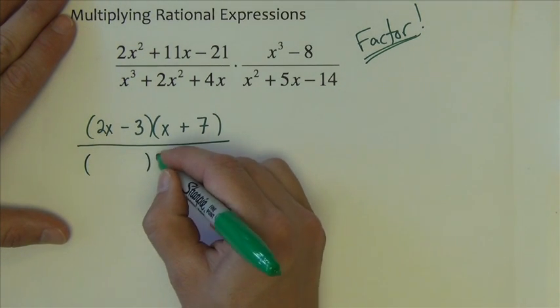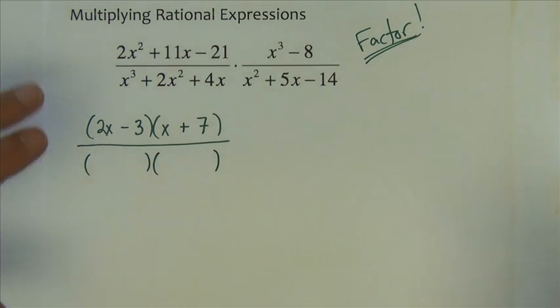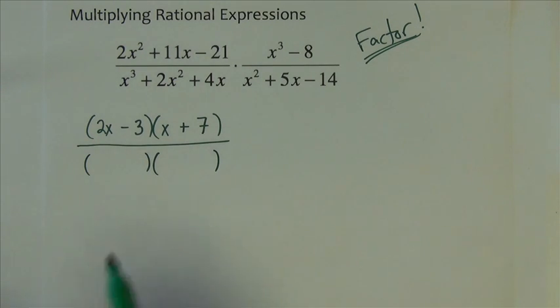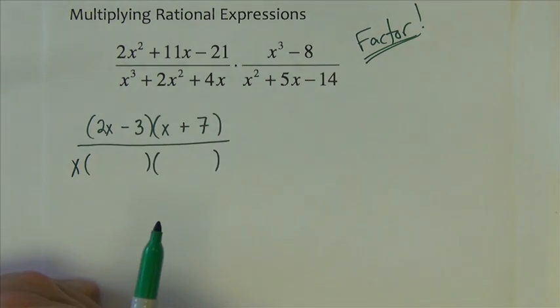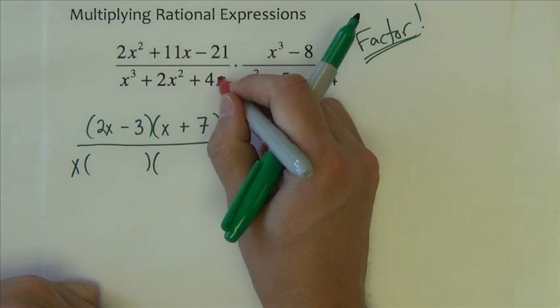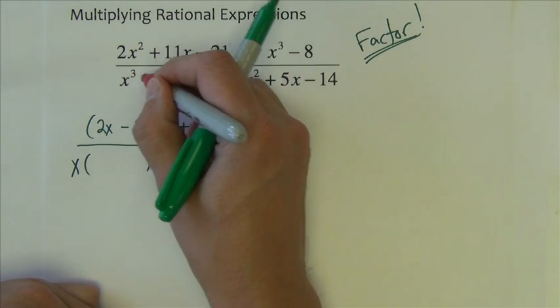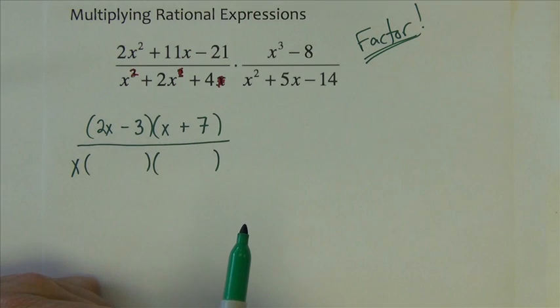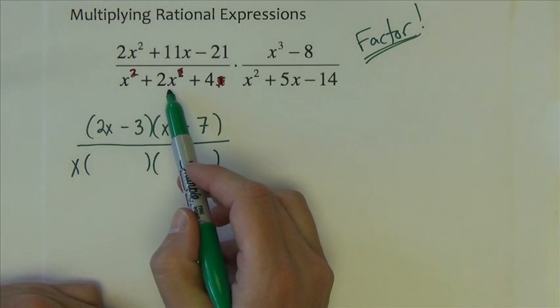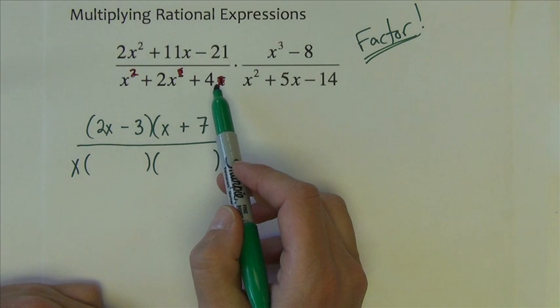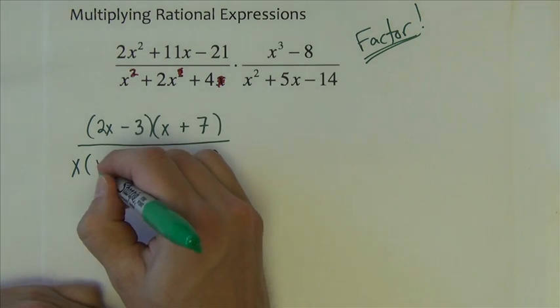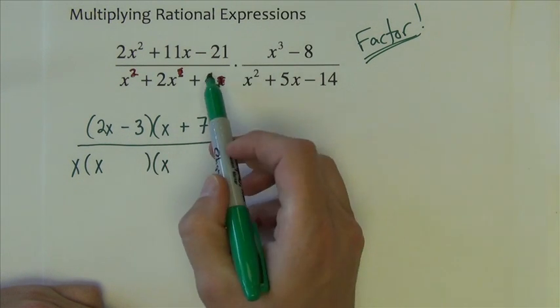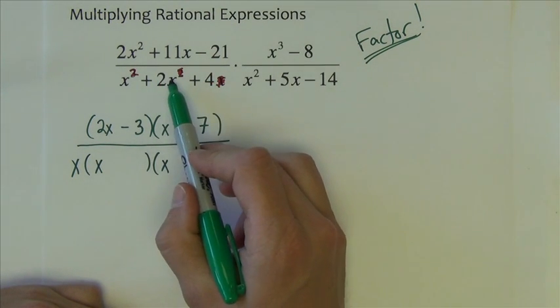Second one, it's actually a two-step process. I need to take an x out. Notice there's an x in everything. If I take an x out of everything, so that's gone, this is gone, this becomes 2. So now we're going to factor into the binomials x squared plus 2x plus 4. Okay, well that would be x times x, and then multiply to 4, add to 2.